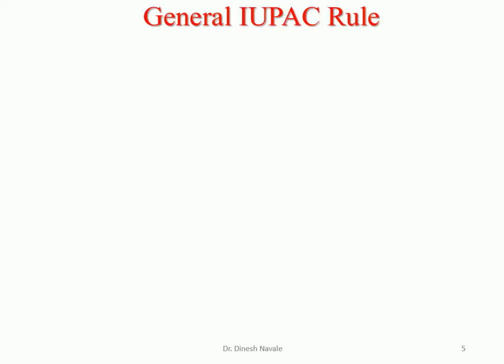Before going to the IUPAC nomenclature of the acid derivatives, first see the general rules that are going to be utilized. These are the rules commonly used for giving the IUPAC nomenclature for most organic compounds.